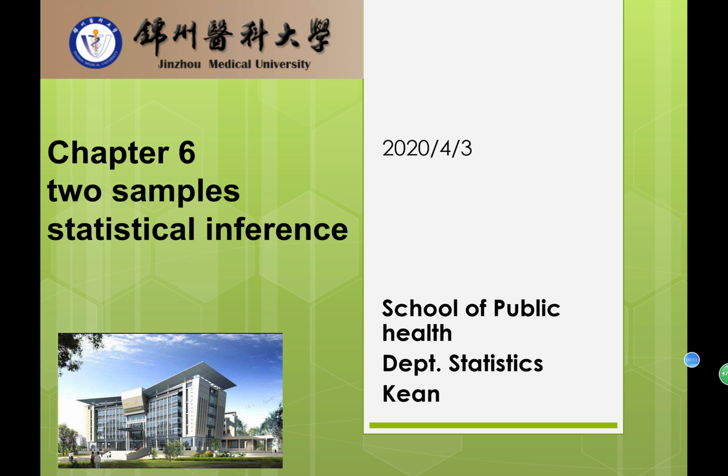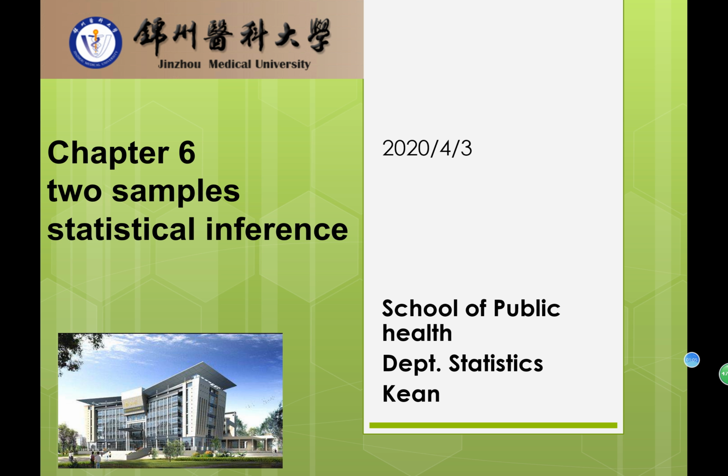And we have mentioned that inference means we can use the data or the information which we get from the samples to infer the results of the populations. This method usually can be used for the comparison of different populations.